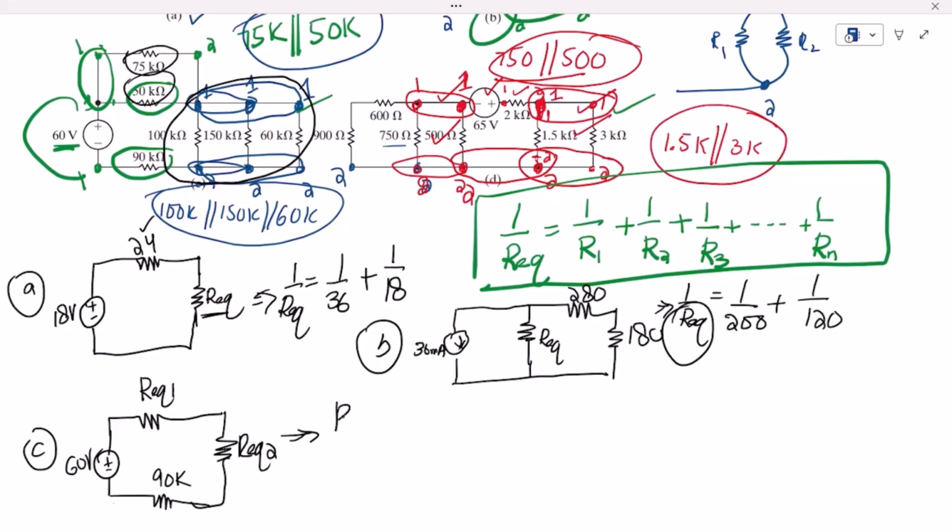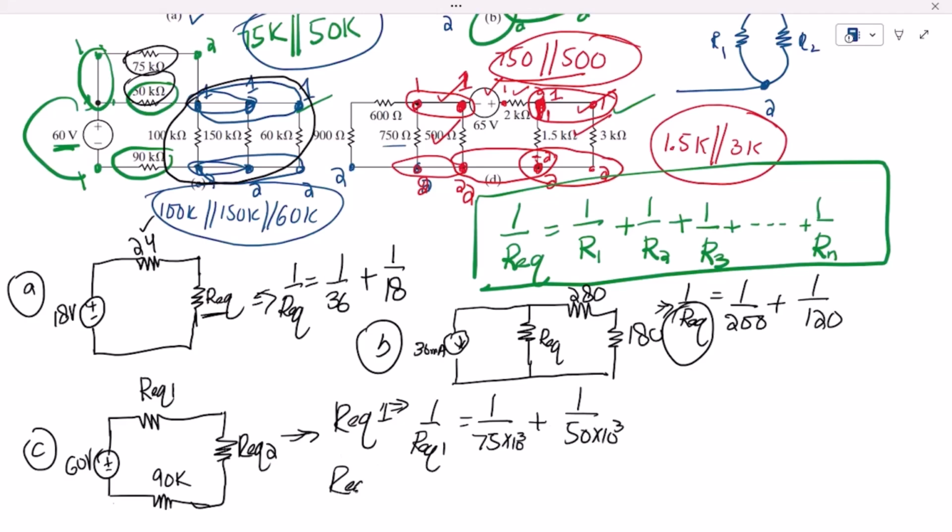Finding here the R equivalent 1: 1 over R equivalent 1 is equal to 1 over 75 into 10 to the power 3, 75 kilo ohm, plus 1 over 50K, which is 50 into 10 to the power 3.